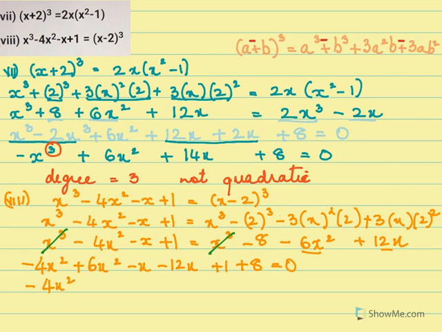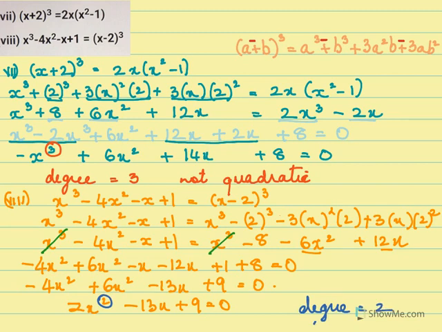So minus 4x square plus 6x square, so 2x square minus 13x plus 9 equal to 0. So in this case degree is 2, so it is quadratic, degree 2.